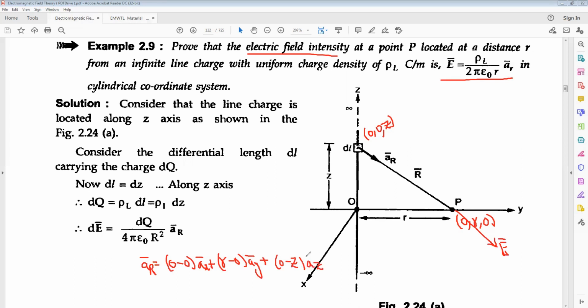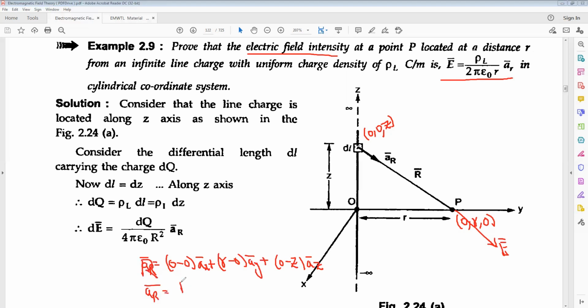So actually in the infinite line charge, we are eliminating the Z component. We have only the R into AY bar. So in the denominator, this is only the R bar, my friends.